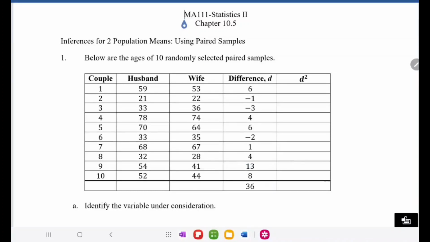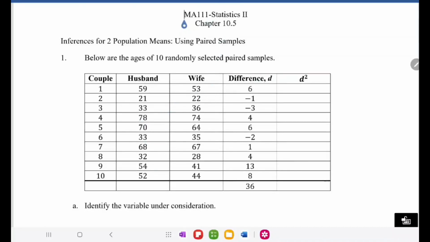Previously, when we were working with independent samples, maybe in this case the husband and wife, we would calculate the mean of the ages of all the husbands in our sample, then find the mean of the ages of all the wives, and subtract the two means. This one being a paired sample, we will need to take the difference at each individual pair in the sample.